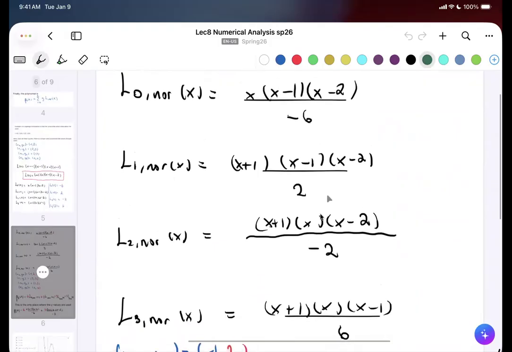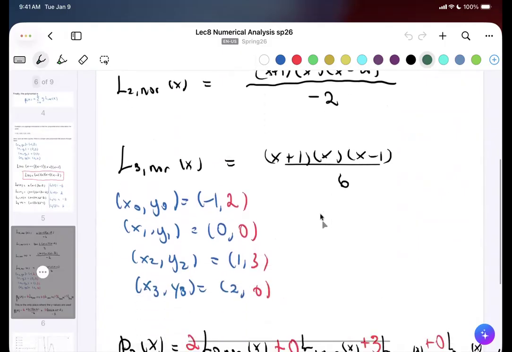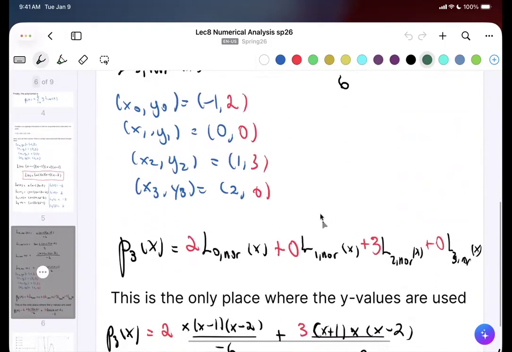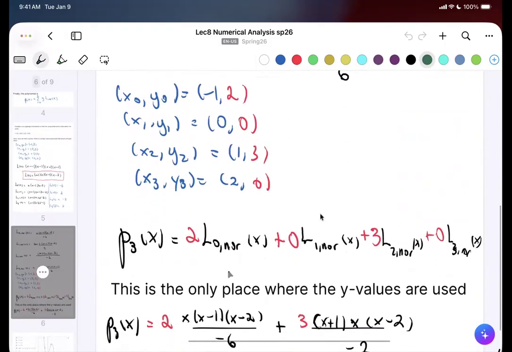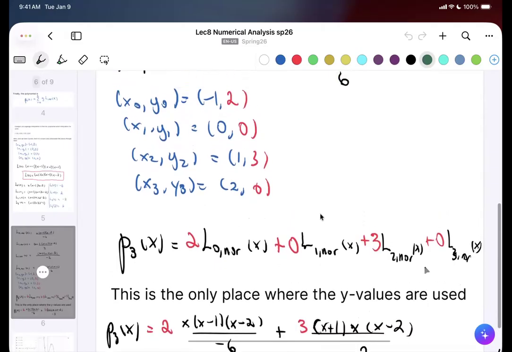Okay, so the idea here is that you find polynomials that vanish everywhere except at one of the x values, and at the value where they don't vanish, they're just 1. And then the polynomial you are after is just a linear combination of these basis polynomials. In a sense, they're kind of like a basis. And the combination factors are just the y values that you had for the points.